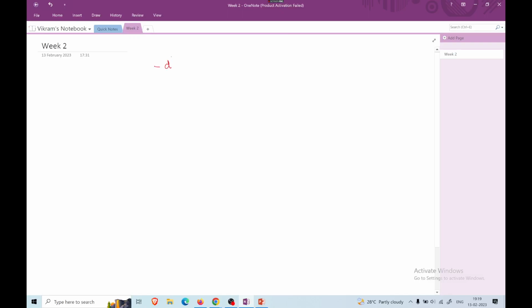Minus d square u by dx square is equal to 2 for 0 < x < 1, and we had u of 0 equal to 0 and u of 1 also equal to 0. Are you able to see what I am writing in the note? Yes, sir.